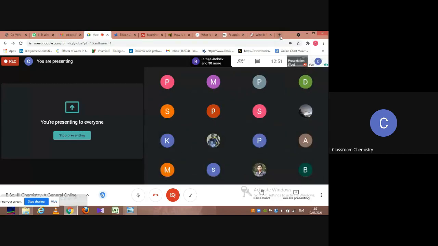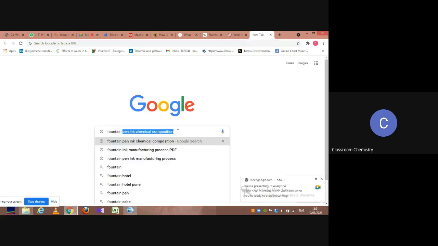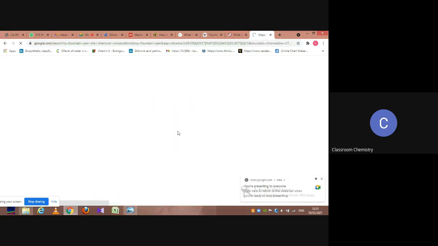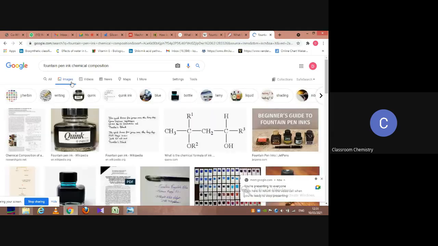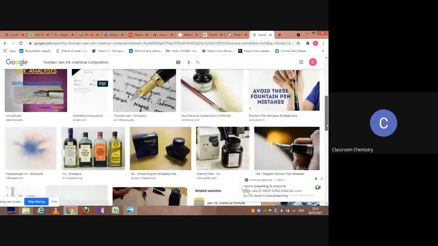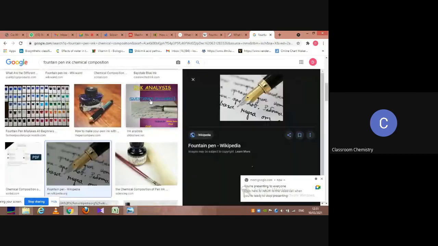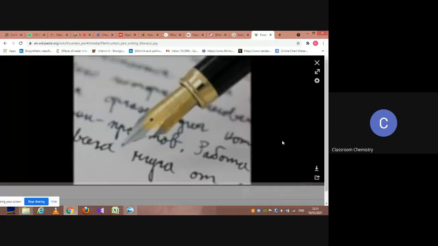Okay, I will show one image of a fountain pen so you will get an idea. Okay, तुम्हाला दिसत असेल राइट साइडला फाउंटन पेन, त्याला आपण निप म्हणतो.